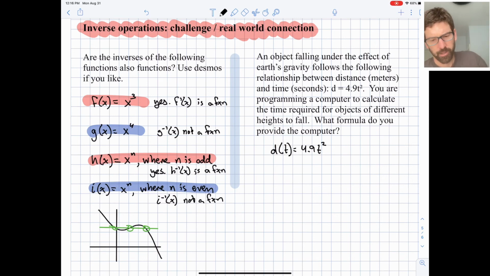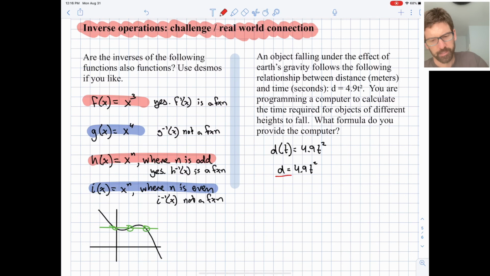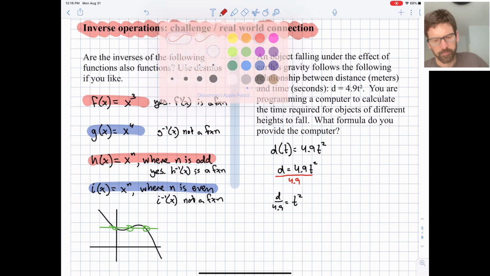So all we're going to do is swap x and y, or in this case, actually no, we're not going to do that. All we need to do is solve for t. We are going to undo what's being done to this function right now. So let's solve for t. We can divide both sides by 4.9, and we get d over 4.9 equals t squared. And then lastly, we can square root both sides.